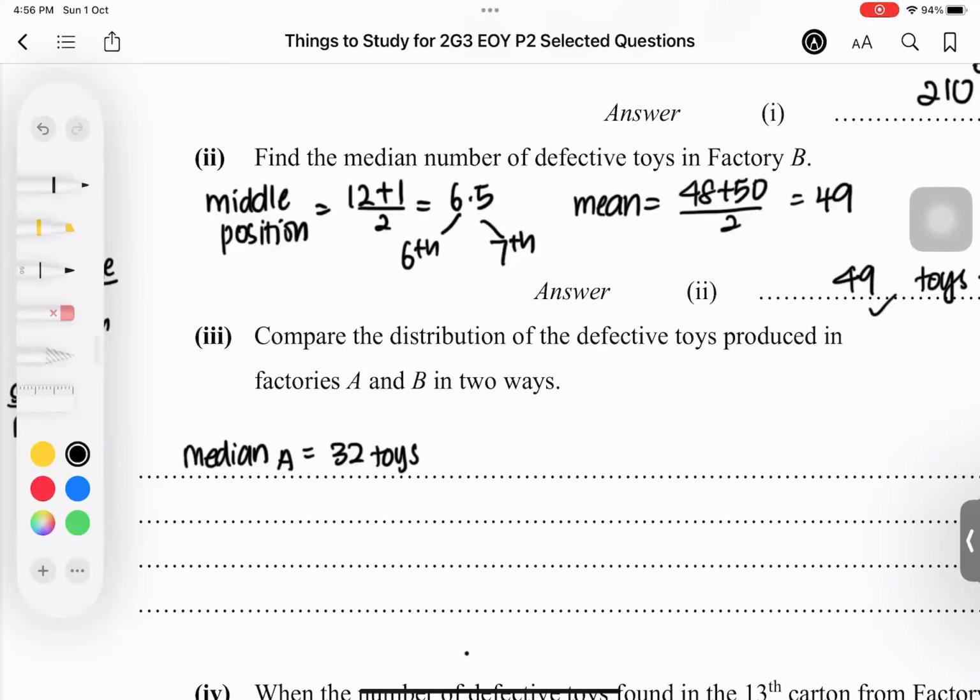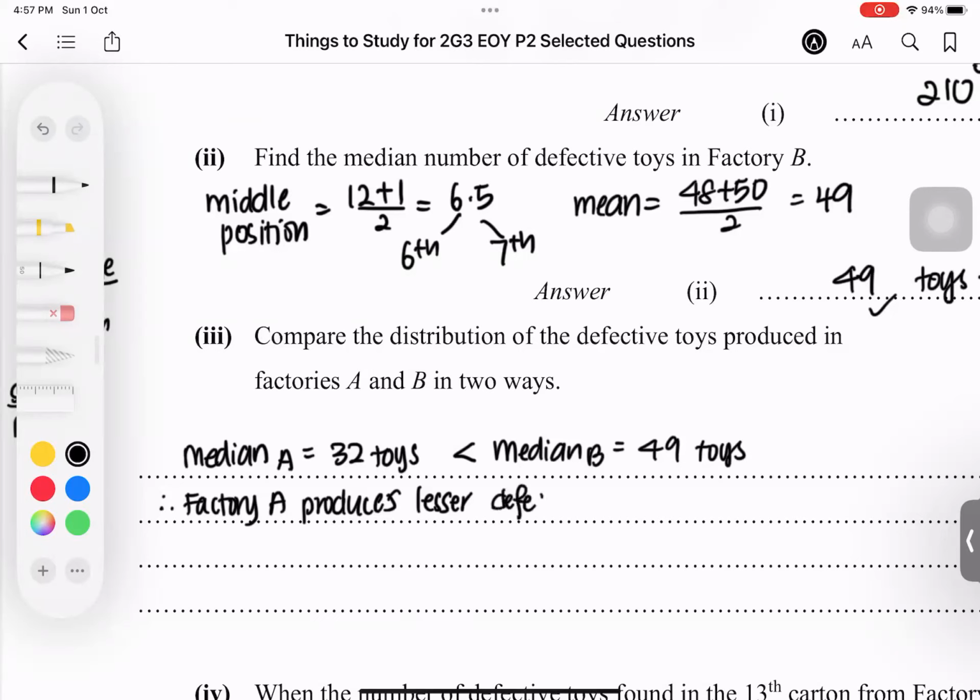The median for A is 32 toys, which is lesser than the median for B, which is 49 toys. What can you say about this? The number of defective toys, that means factory A will produce a lesser number of defective toys. So conclusion: factory A produces a lesser number of defective toys.